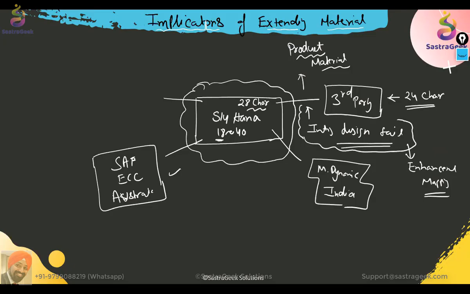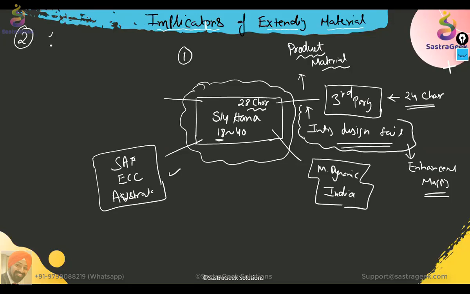What are the periphery systems? And in the periphery system, do we have integration with the material or product? If the integration is there, whether for product or material, they support the higher character limit which you are increasing. So that needs to be noted. So this is the one very major thing.